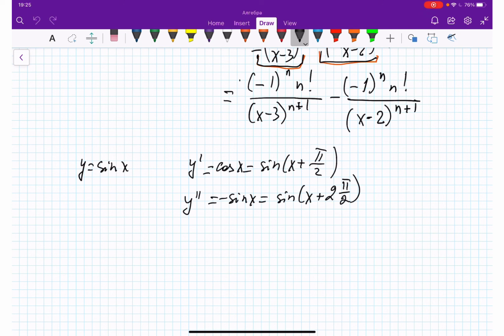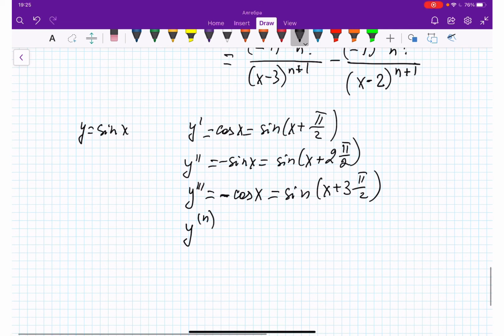And then the y third derivative is going to be negative cosine x, right? Because we have negative sine x, the derivative is going to be negative cosine x, and this time it's going to be 3 pi and half. And the y fourth order derivative is going to be sine x, which is equal sine x plus 4 pi and half.